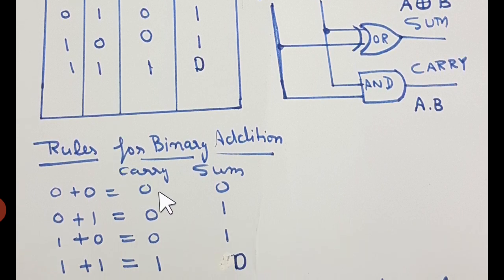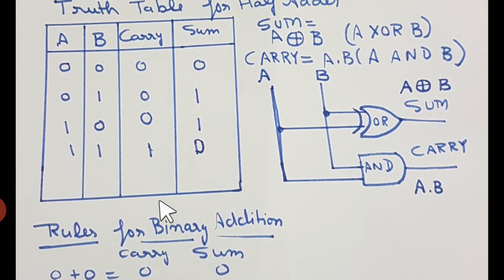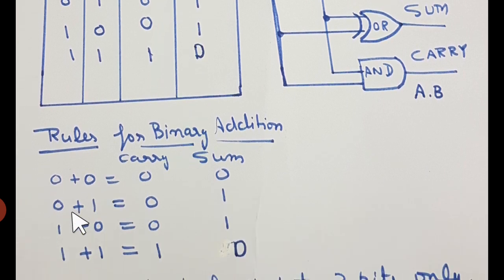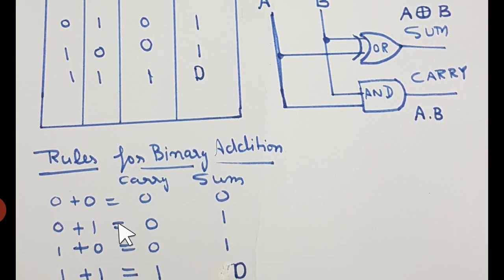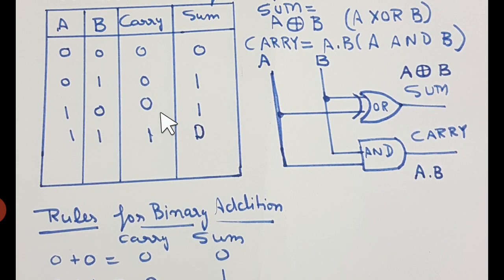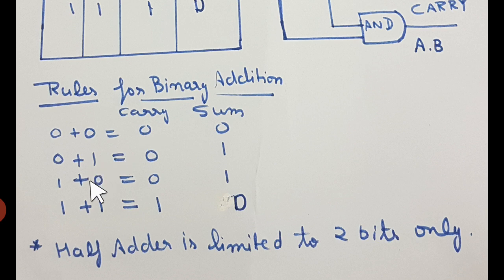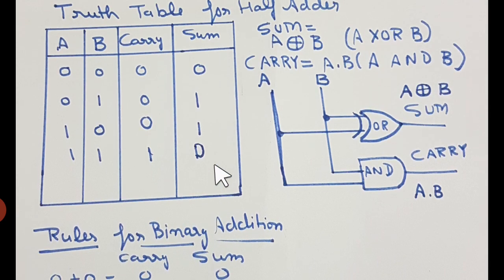When the combination was 0 plus 0, we have written carry 0 and sum 0. When the combination is 0 plus 1, carry is 0 and sum is 1. After that, for the combination 1 plus 0, carry is 0, sum is 1.